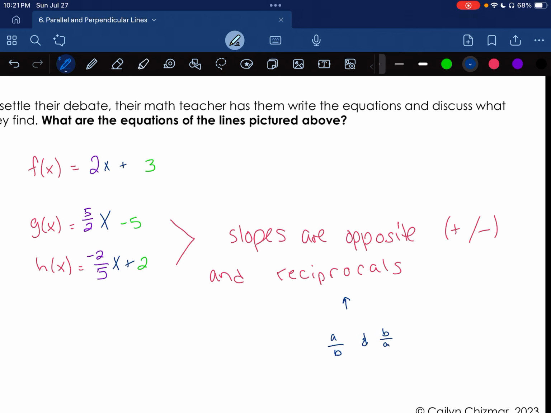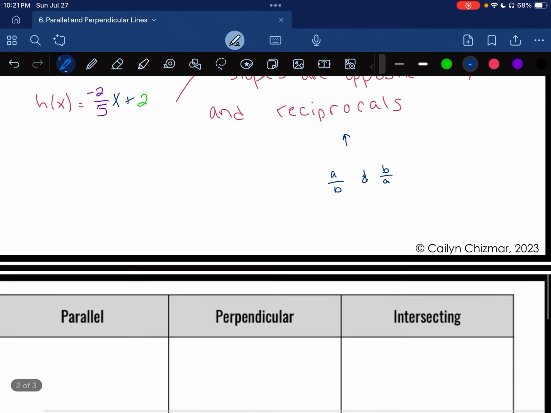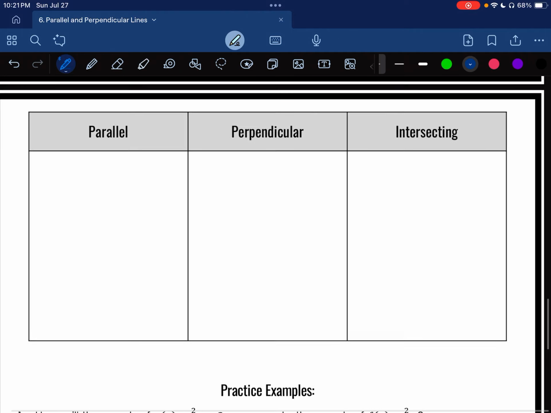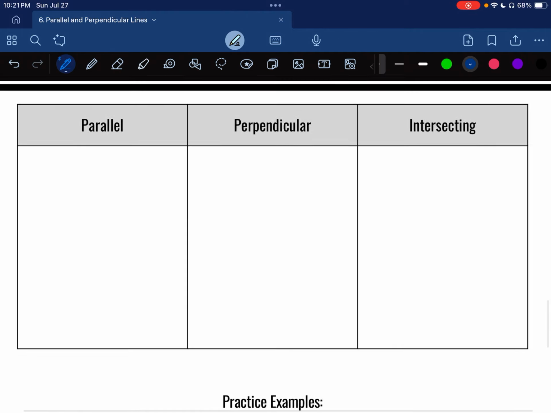All right, so let's put all this together and see what's going on. I'm going to sketch a little graph of all three of these.